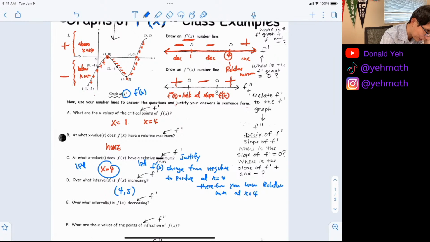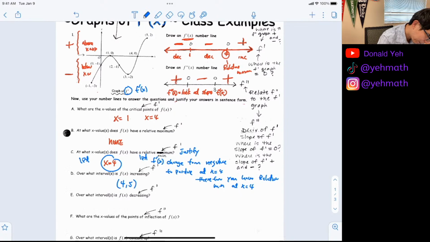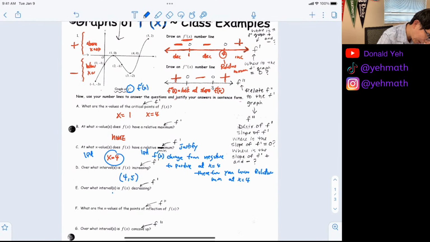Because this is a positive region, so we're looking at a number line. The positive region is going to be 4 to 5. Decreasing is going to be -1 to 1, union 1 to 4. This one is f prime of x greater than 0. This one is f prime of x less than 0.